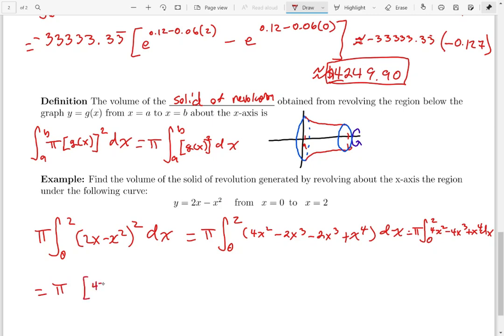we find our antiderivative, that's going to be 4x cubed over 3 minus 4x to the 4th over 4 plus x to the 5th over 5 from 0 to 2.